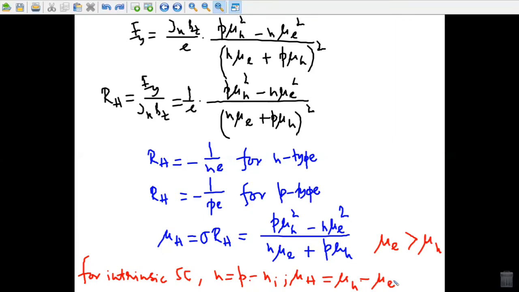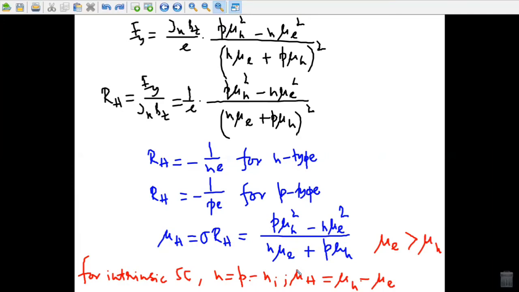And since usually the mobility of electrons is greater than the mobility of holes, hence mu H is negative for an intrinsic semiconductor, right?